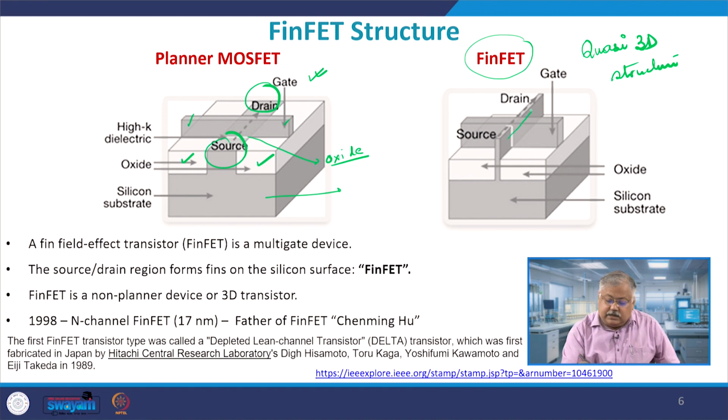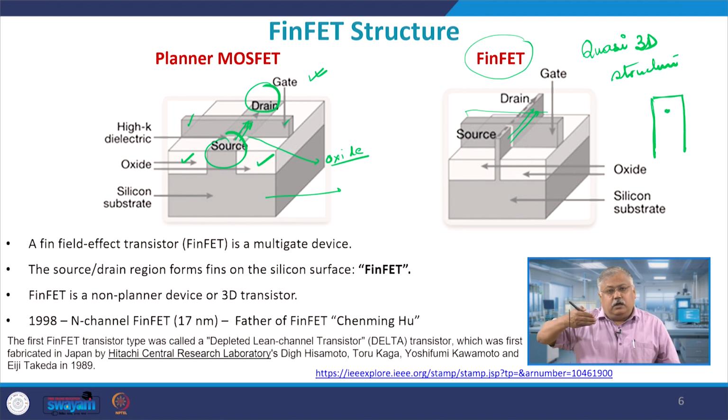In the bulk MOSFET it was a one dimensional channel flowing in one dimension. Now, the channel is flowing in this direction. If you cut the cross section along this plane, within the plane of your laptop or computer screen, this will be the channel. On the front side will be the source, at the back side will be the drain, and this square pillar will carry all the current from source to drain.